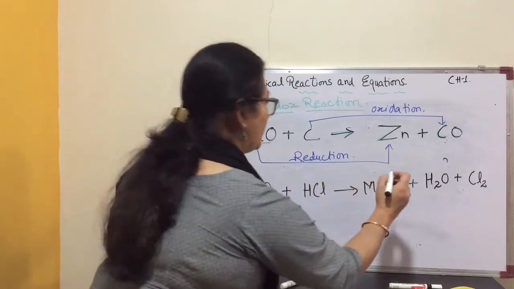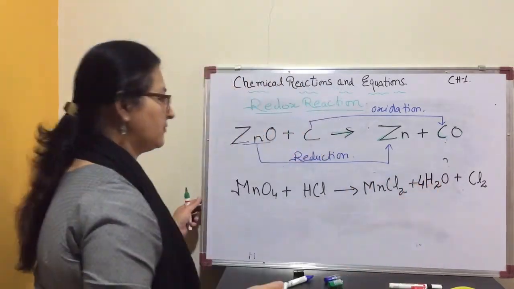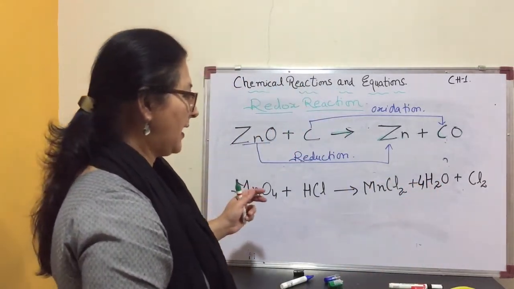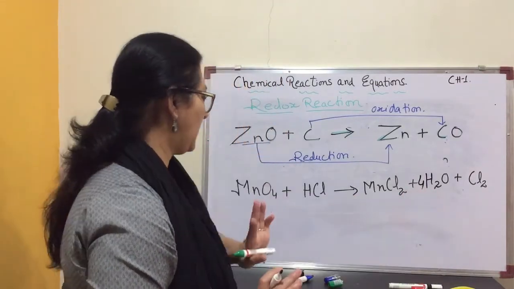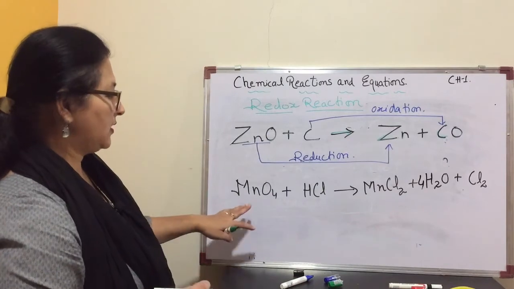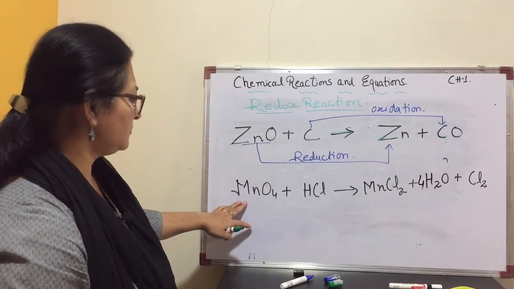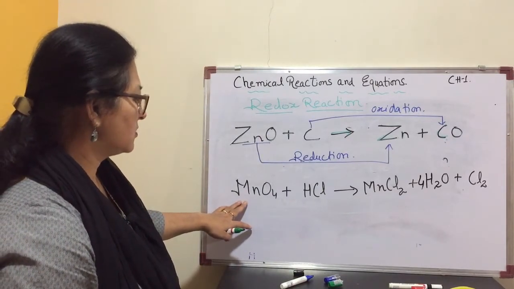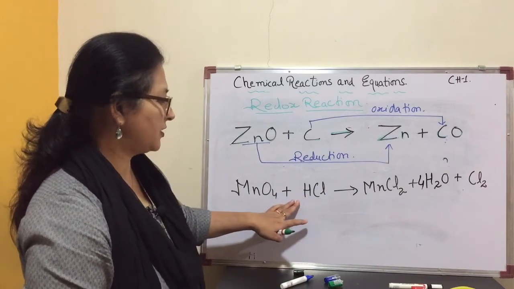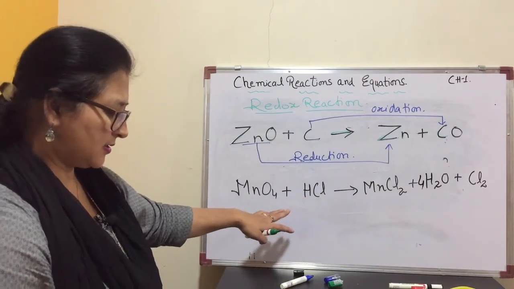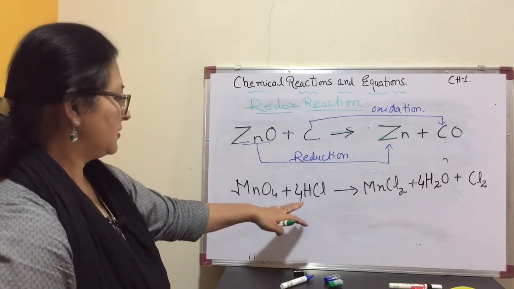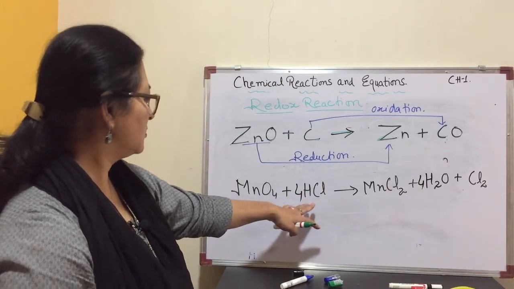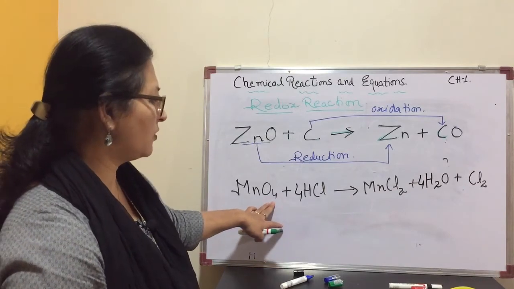If I put 2 here, the oxygen will balance. Then hydrogen and chlorine need balancing as well: with 4 HCl, hydrogen is 4 and chlorine is 4.